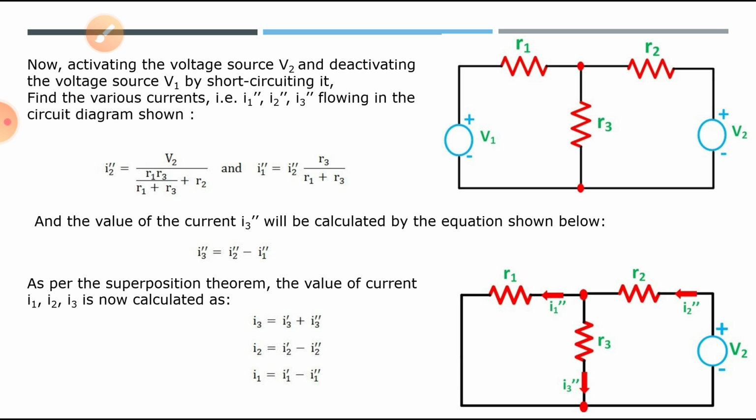That is why I2 dash minus I2 double dash, this current minus this current, gives the final current I2. Similarly the I1 current, so I1 dash minus I1 double dash, we are going to get the I1 current. So, these are the currents we calculated in the given elements, whether it is the R1 element, the R2 element or the R3 element. So, this is one good example.